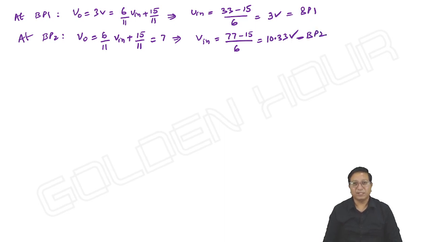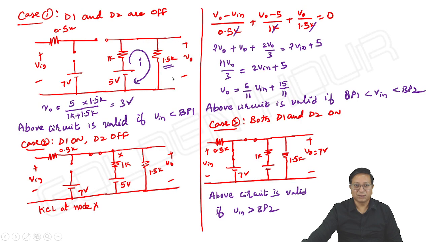We need to raise the input up to 10.33 volts, then only D2 conducts. It is not 7 volts. The interesting point here is breakpoint 1 is not 5 and breakpoint 2 is not 7. Breakpoint 1 is less than 5 and breakpoint 2 is more than 7.